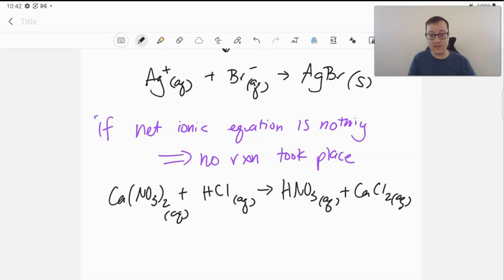Everything is aqueous, so everything's going to break apart. So no reaction took place here. All right, so that is our double displacement. In our next one, we're going to take a look at electron transfer processes. So with acid-base, we look at proton transfers, right? We have hydrogen ions moving from substance to substance. In our next one, we'll look at electrons moving around.